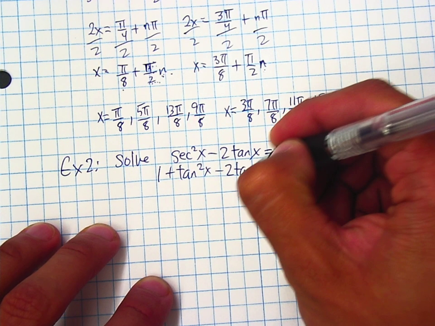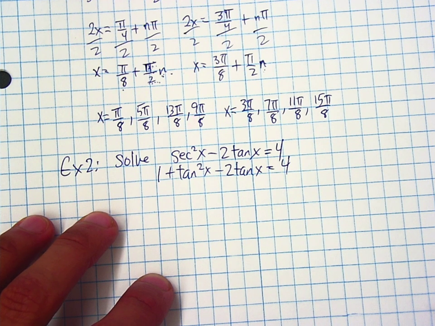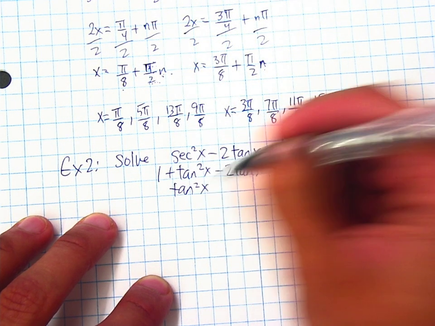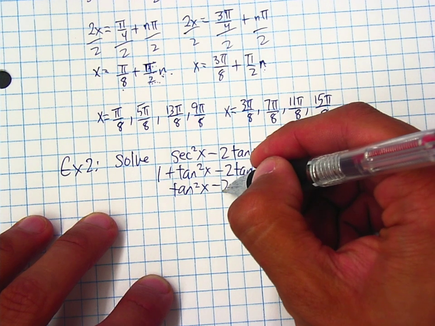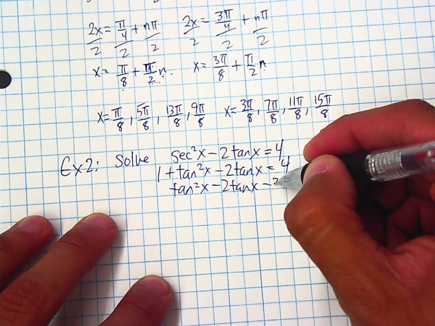And the reason why I want to do that is now everything's in tangents and I can probably factor. Okay, so now I'll end up with tangent squared x minus 2 tan x, and I'm going to subtract 4 from both sides, so this will be minus 3.